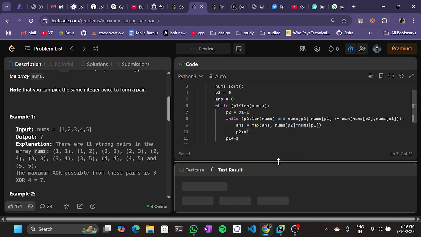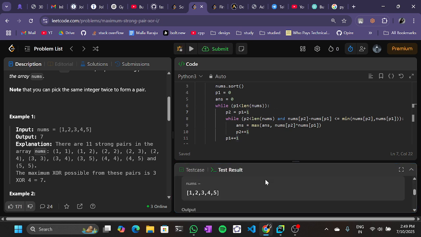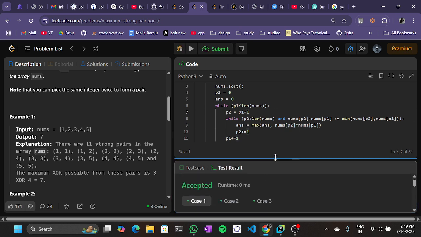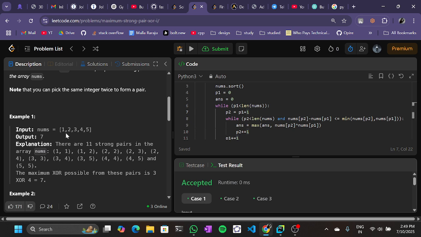Let's check. So we'll be initiating point p1 here and p2 here.